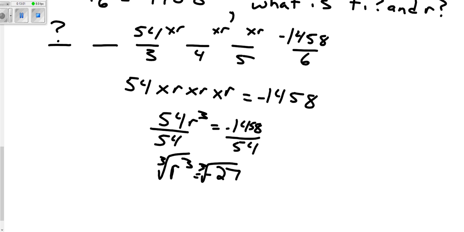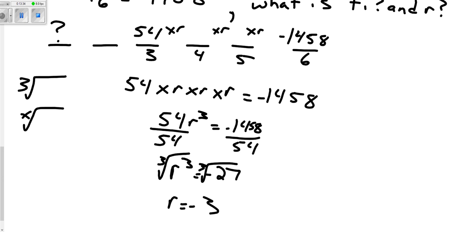You should be able to know how to take the cube root of something on your calculator. You either should have this button on your calculator, or something like this. So you go 3, you hit this button, and you hit negative 27. R should equal negative 3. Good, very good, Shannon.